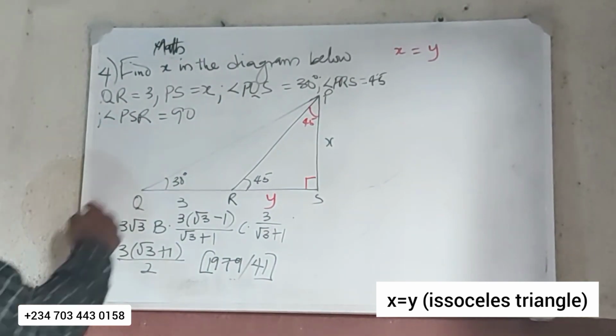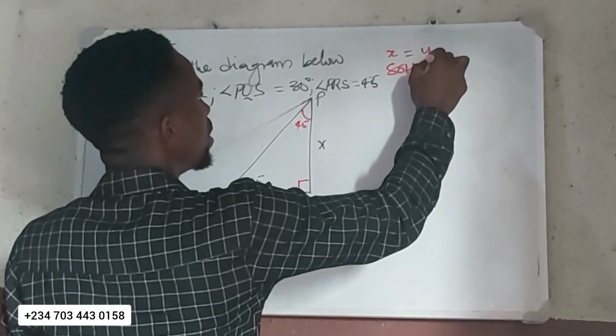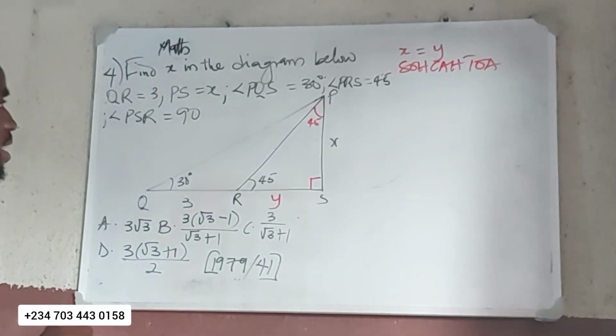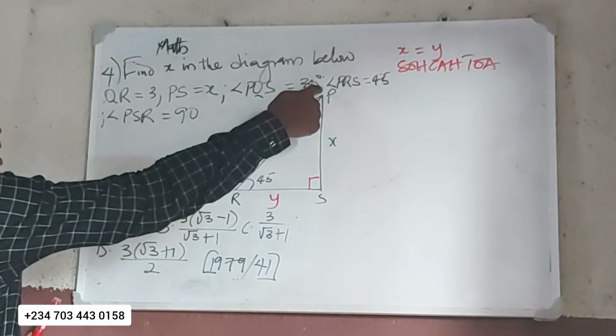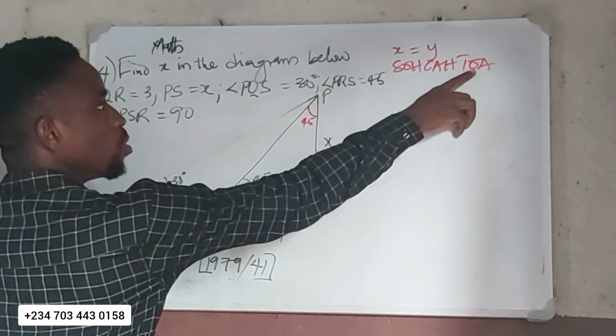So then for the last triangle, using our tangent ratio, the relationship between the opposite and the adjacent is tan theta, opposite over adjacent.